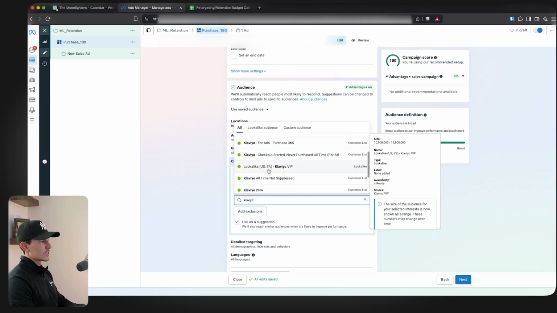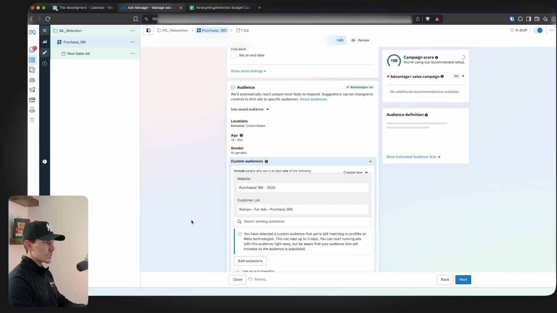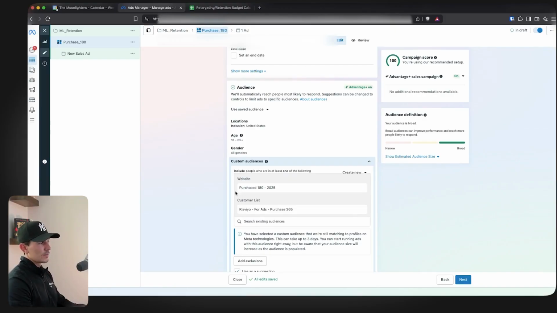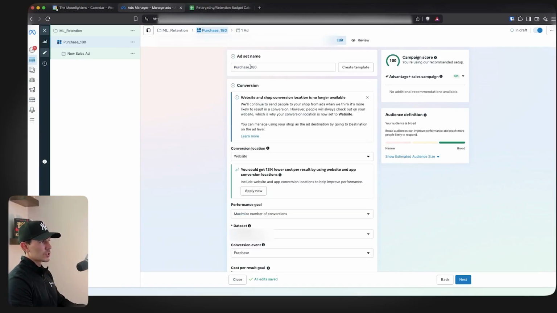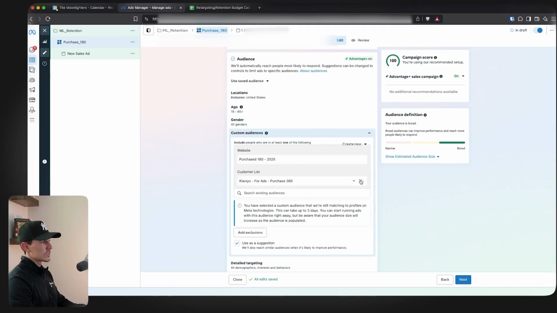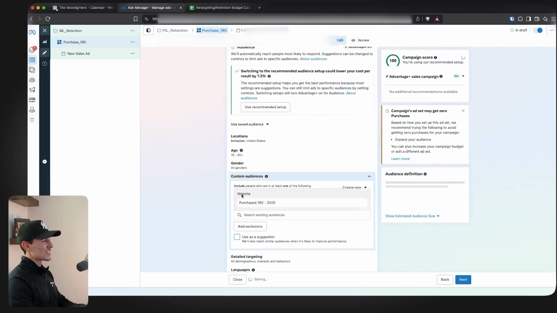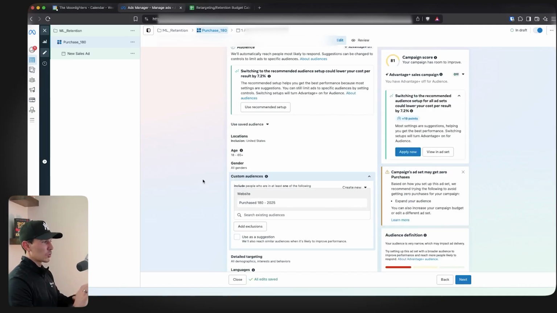So for this case, I have my purchase 365. So you can, in this case, either put in your purchase 180 with your Klaviyo purchase 180, or you could put in a full purchase 365. If you did this right here, this would become purchase all time. Now, what I would actually recommend is a little different. So I would do this instead. I would do purchase 180. We're unselecting use as a suggestion, and then we're done here.